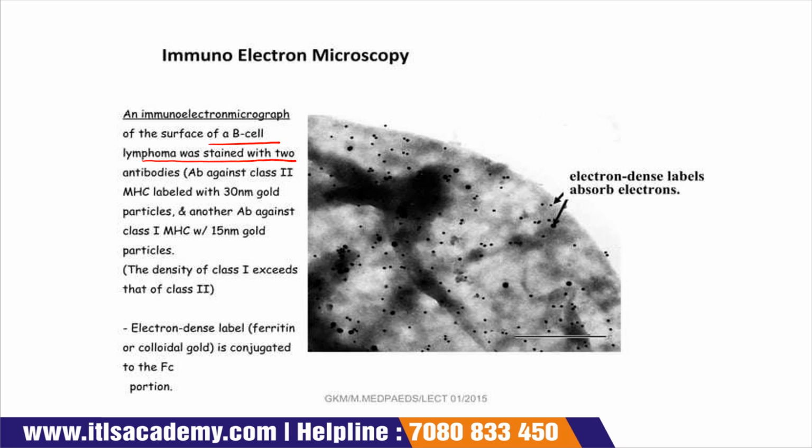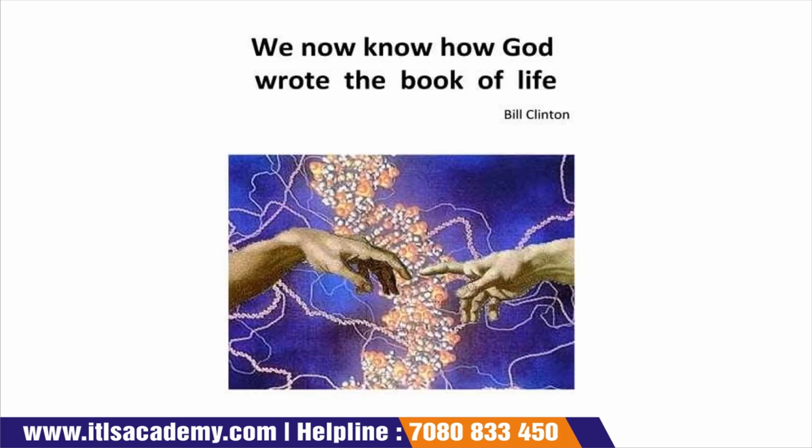Lymphoma was stained with two antibodies. The first antibody is against class II MHC, labeled with 30 nanometer gold particles, and the other antibody is against class I MHC, with 50 nanometer gold particles. The density of the first one exceeds that of the second one.